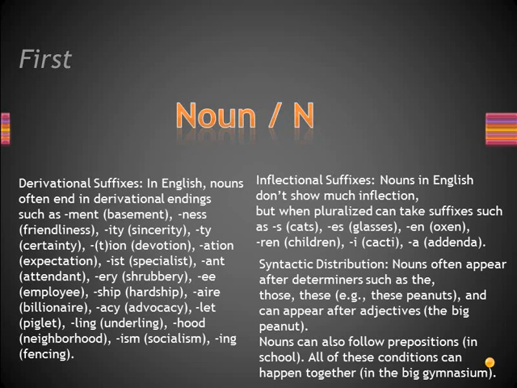And how do we know a noun? We can first do the morphological tests. In morphological tests, we will find derivational suffixes and inflectional suffixes. Jadi derivational suffix dan inflectional suffix ini adalah untuk mengetes noun secara morfologi. As we can find here, these are some suffixes that show themselves as nouns.